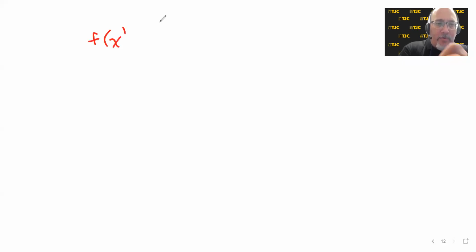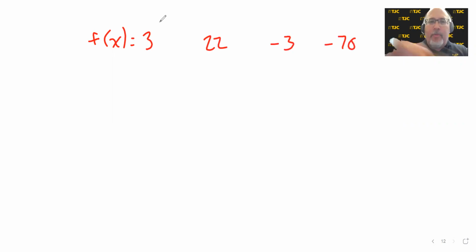F of x equals 3, 22, -3, -70. I only needed to remember the coefficients. I know how the powers go. 3x to the third plus 22x squared minus 3x minus 70. I believe that's what it was.